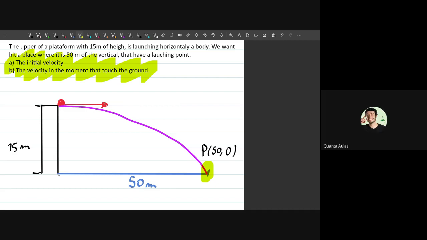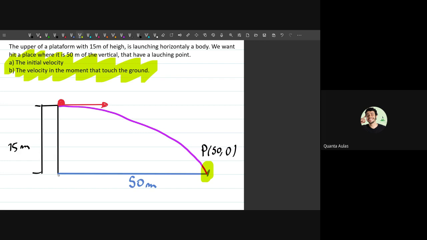Okay, but let me see. We need the velocity, not the positions or the time. So first, we need to understand some points here. We don't want the positions, we don't want the time, but we will use this information to obtain the velocity.